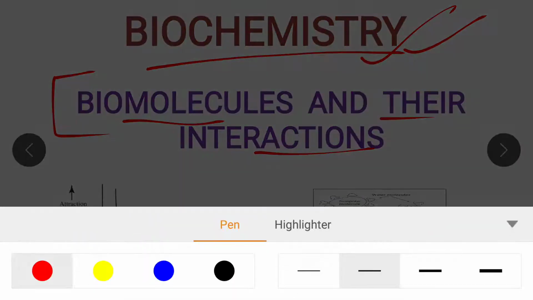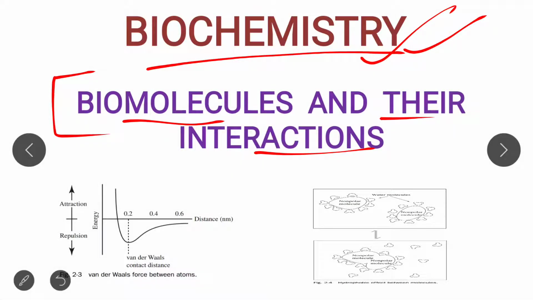Remember one thing, I will teach this module in such a simplified manner that you will have no doubts in your mind, because this module is basically tough for many students. They don't like biochemistry, but believe me, I will teach in such a simplified manner that you will not have a single doubt. And if you still have, then you may comment. So let's start today's topic, biomolecules and their interaction.